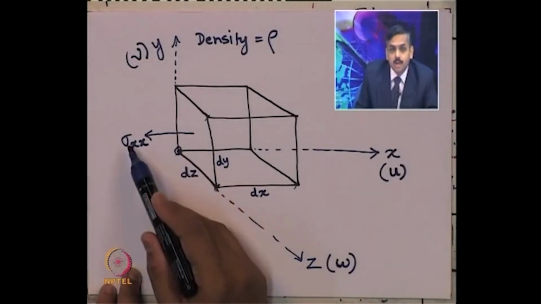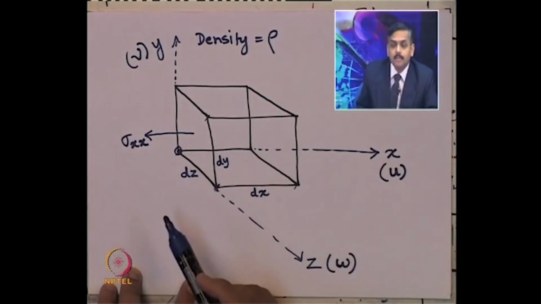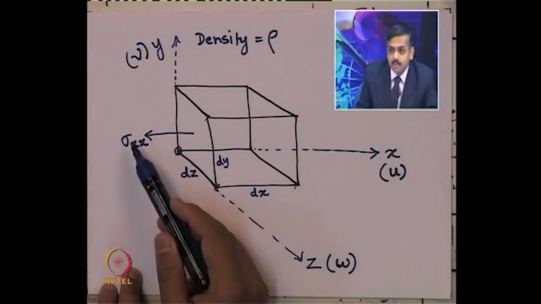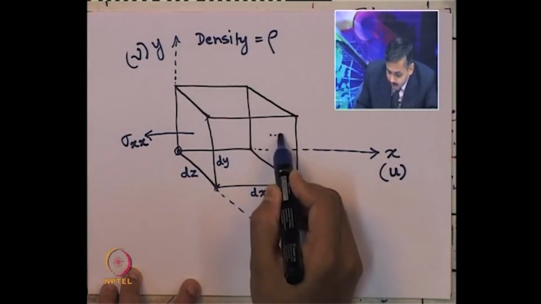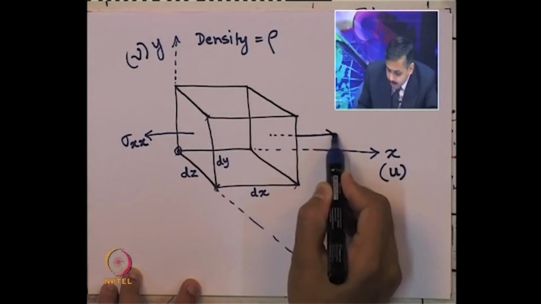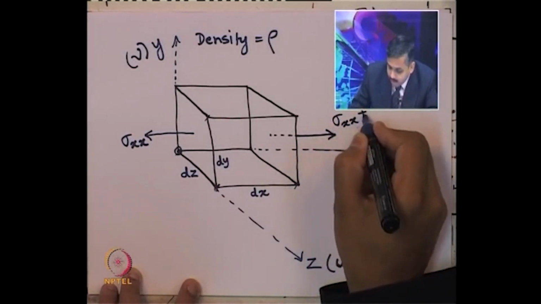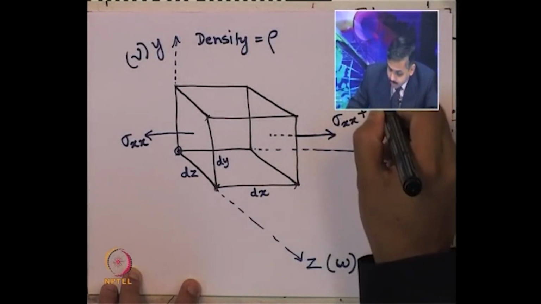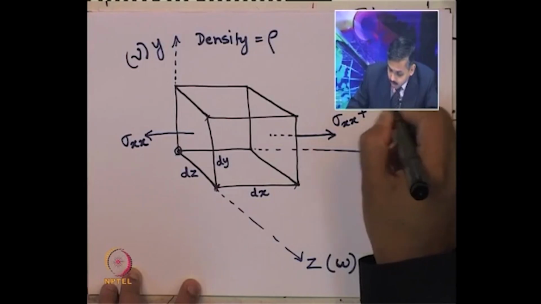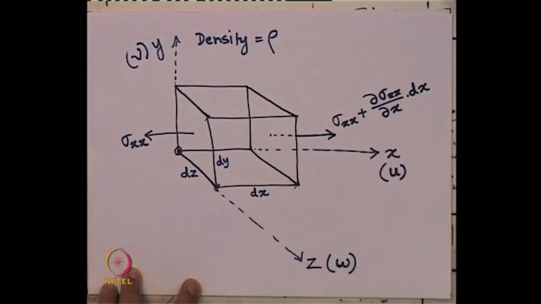Now, when a wave is traveling through this infinitesimal element, what is happening? This is the normal stress at one face. On the other face on this side, the stress will be sigma x x plus the change of sigma x x over del x into this distance dx.